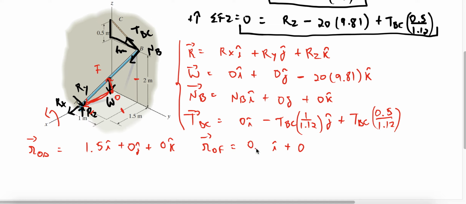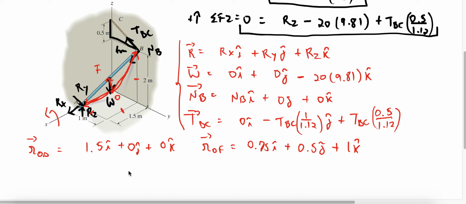I'm kind of doing them all at once. Plus 0. So yeah, 0.75 i plus 0.5 j plus 1 k. Awesome.